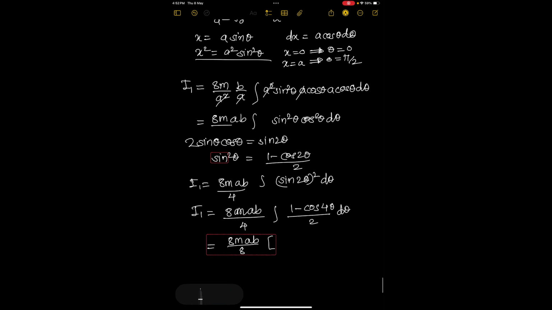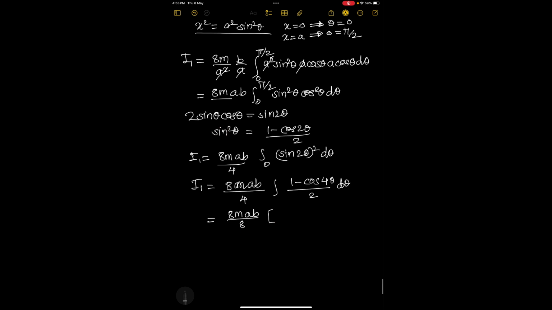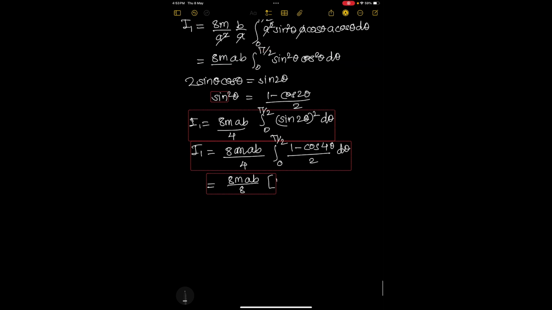We need to change limits. This is 0 to pi by 2, 0 to pi by 2, and 0 to pi by 2, 0 to pi by 2. Here we can write it as pi by 2 for this first term, and the second term can be 0.